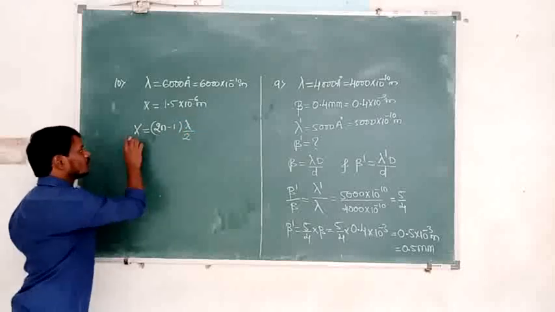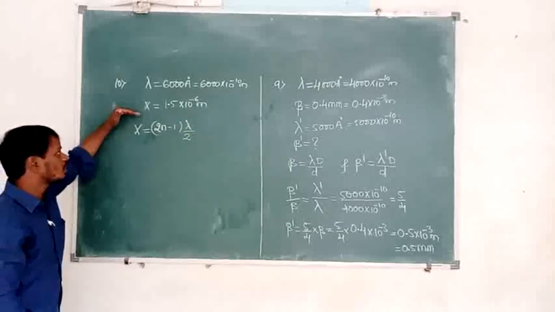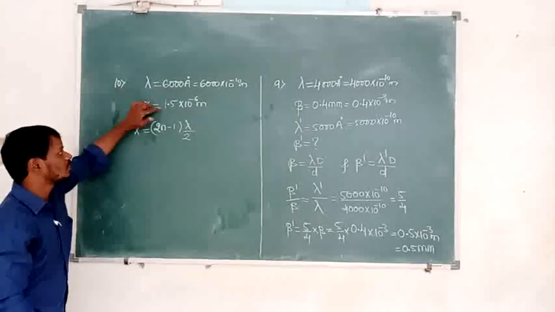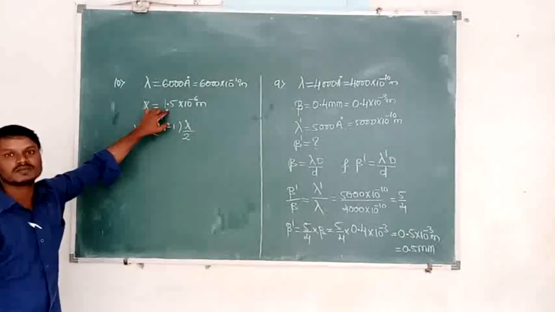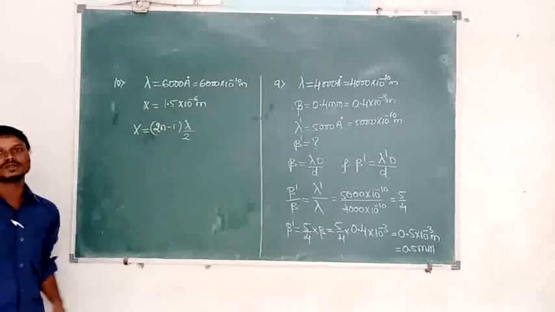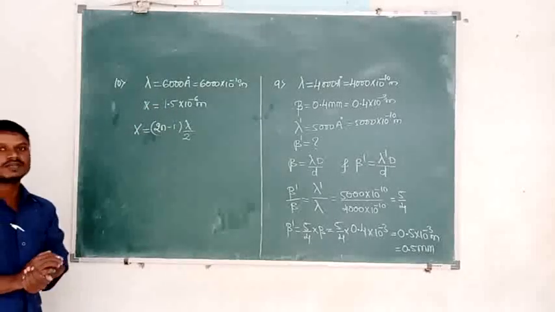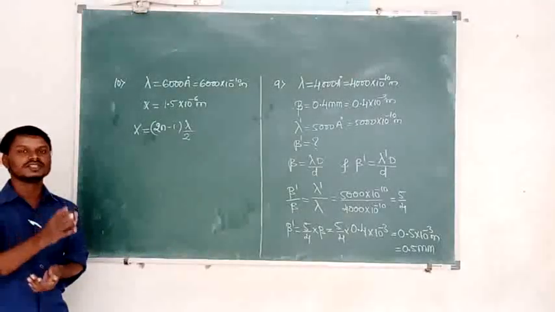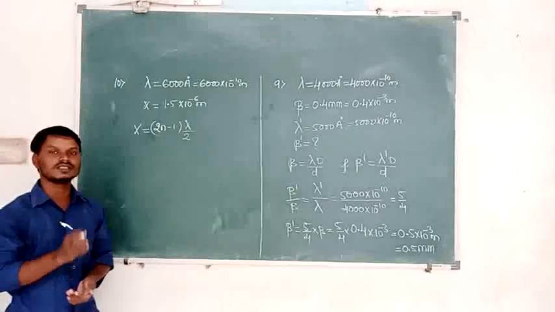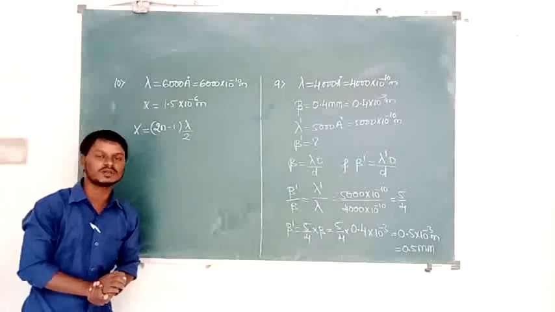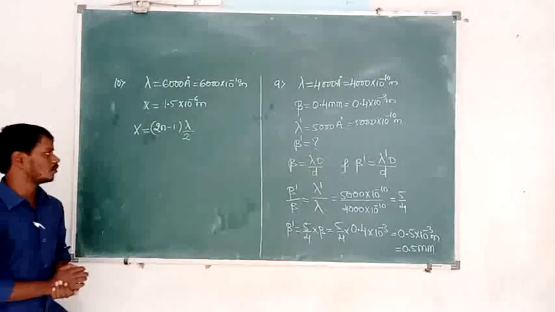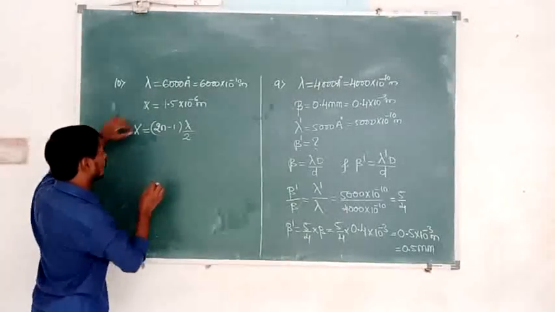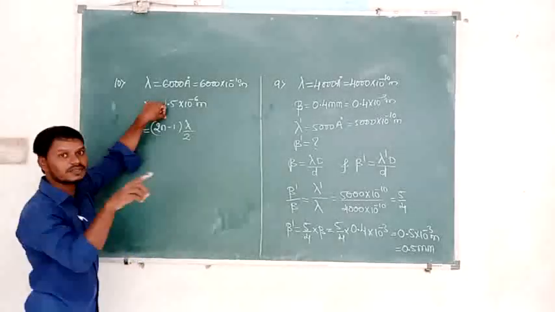So remember, we use this formula only when the path difference is given as a fraction, that is 1.5. 1.5 means it is 3 by 2. 3 by 2 is the path difference for which interference? Destructive interference. In destructive interference, which fringe will be formed? Dark fringe will be formed. So which fringe is formed here?